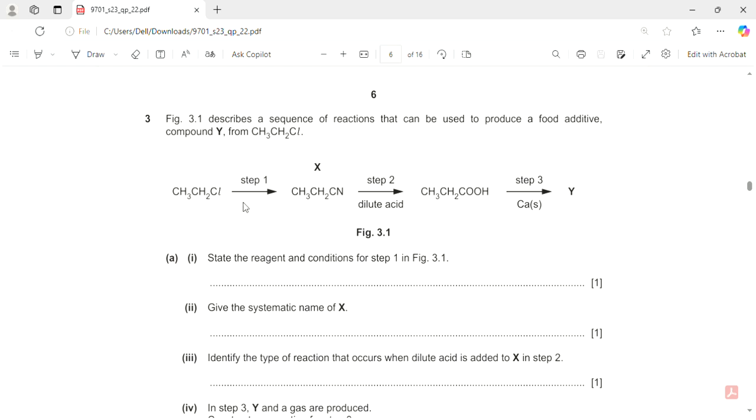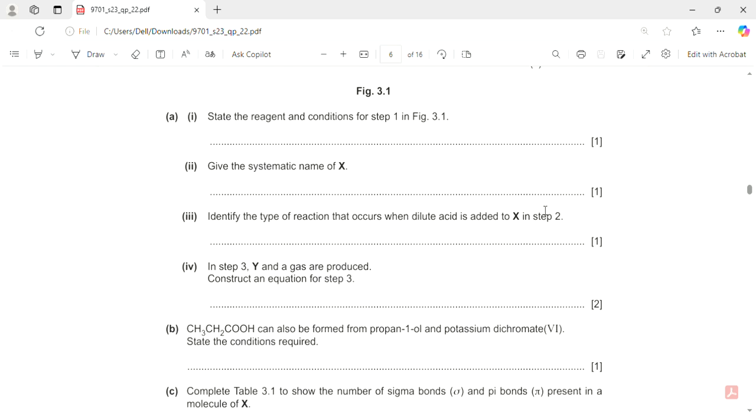Step one gives X, step two gives propanoic acid, and step three with calcium gives Y. State the reagents and conditions for step one.